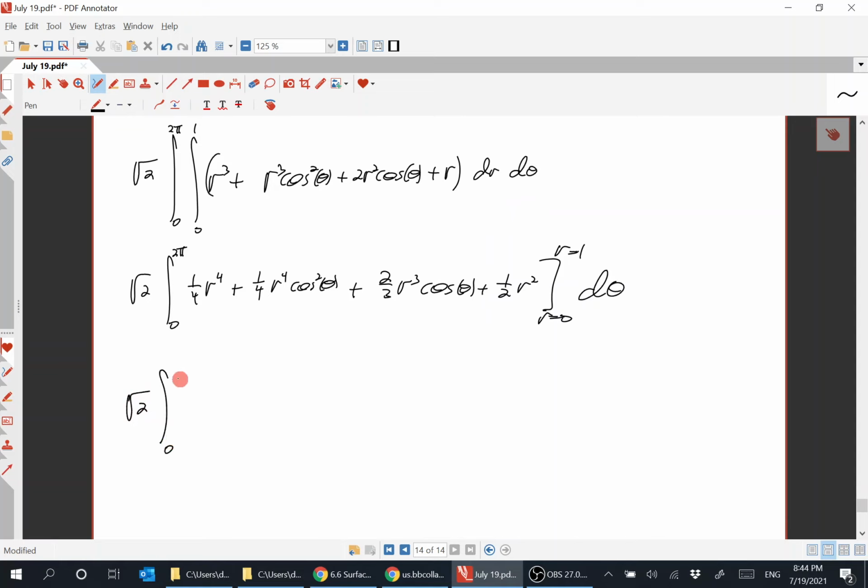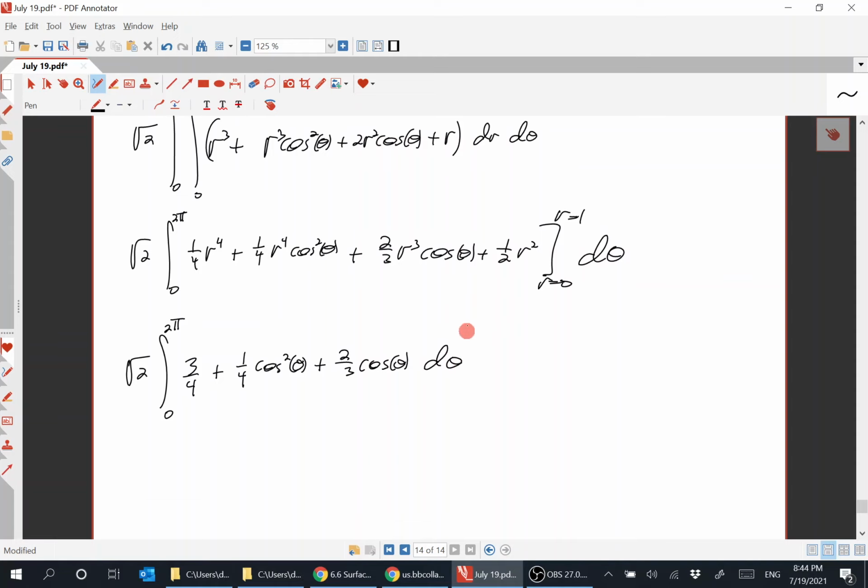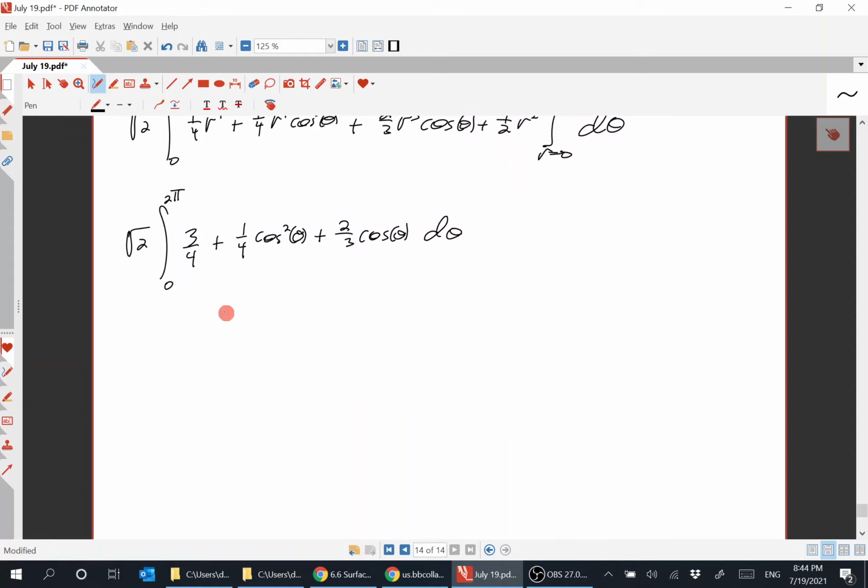So square root of 2, integral from 0 to 2 pi, so that's just 1/4 plus 1/2, so it's 3/4, plus 1/4 cosine squared theta plus 2/3 cosine theta d theta. Oh, this is not too bad.